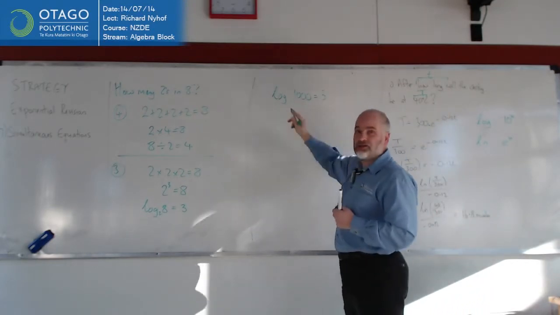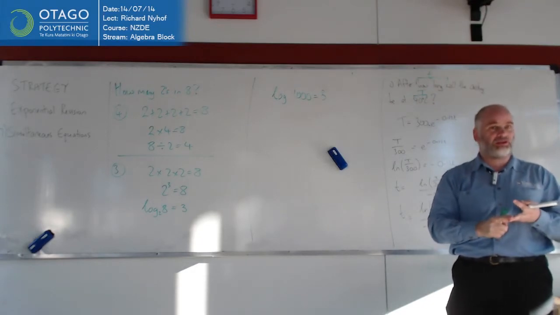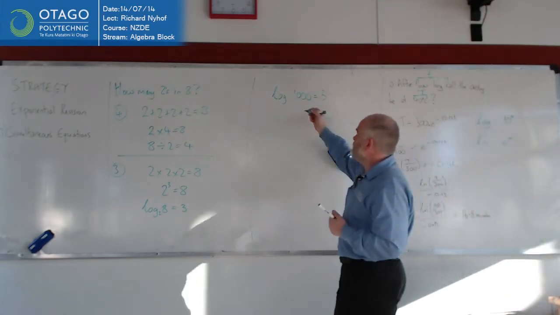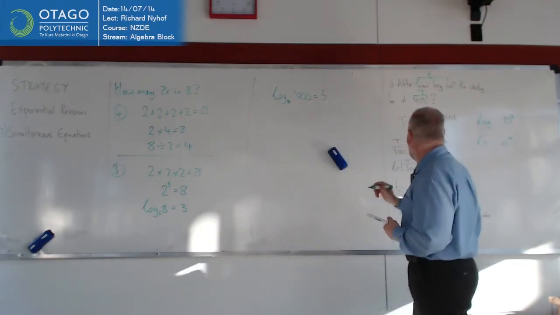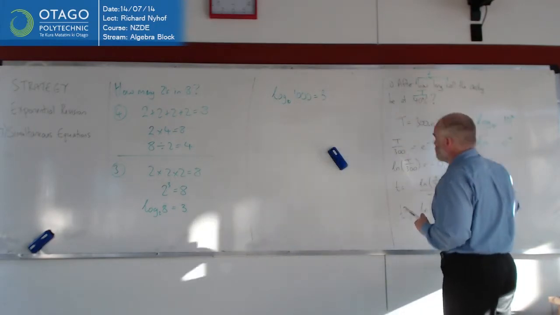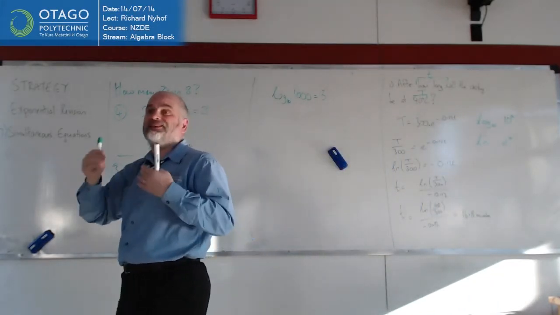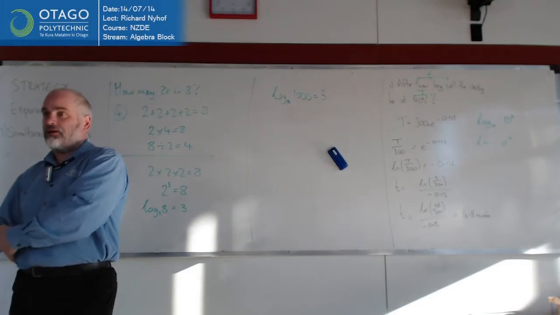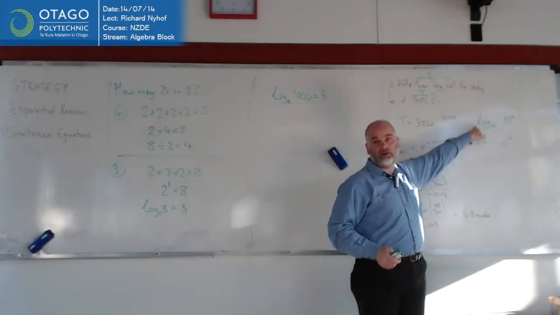So what's the base it's using? 10, because 10 times 10 times 10 is 1,000. So when you push the log button on your calculator, it's actually doing log base 10. It's answering the question, how many 10s are there in this thing? That's what the log button is doing.